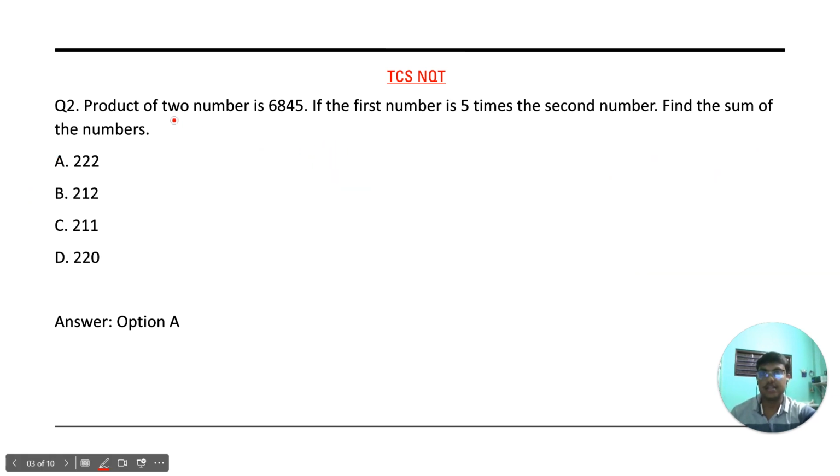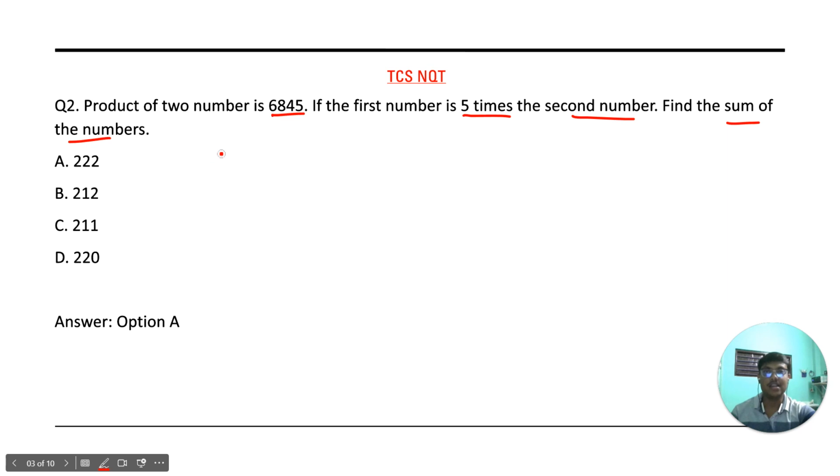Okay, so here it has been said that the product of two numbers is 6845, and if the first number is 5 times the second number, then find the sum of the numbers.